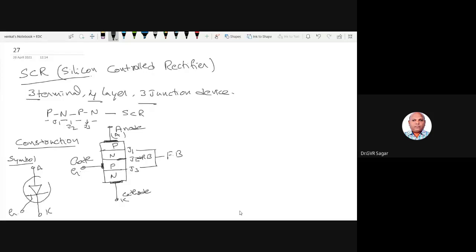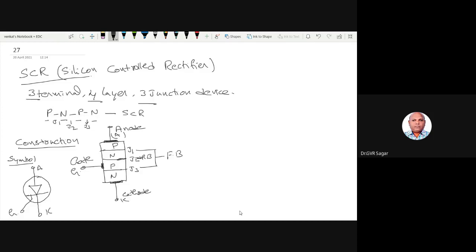So this is the symbol for SCR: a simple diode with an extra gate terminal.